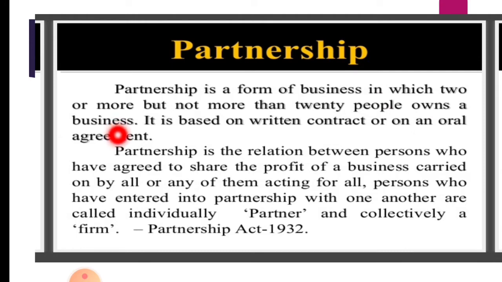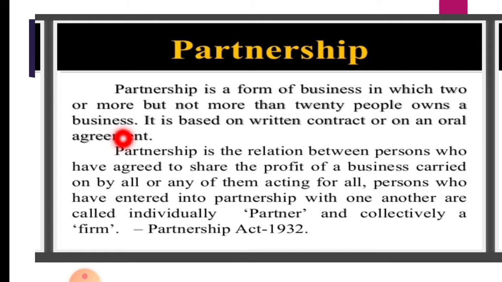Partnership firm is also a form of business organization like sole trading and Hindu undivided family. Actually, the partnership form of organization is an extension of sole proprietorship that we have already seen.